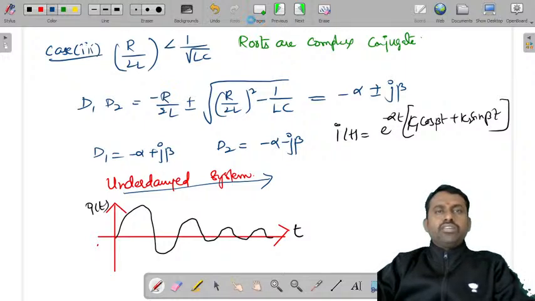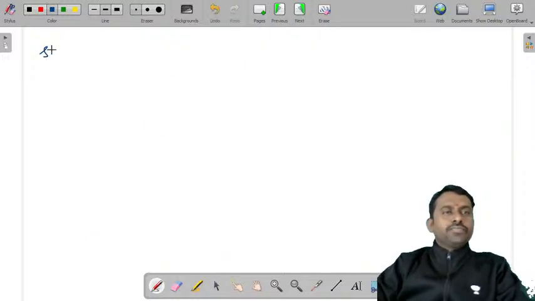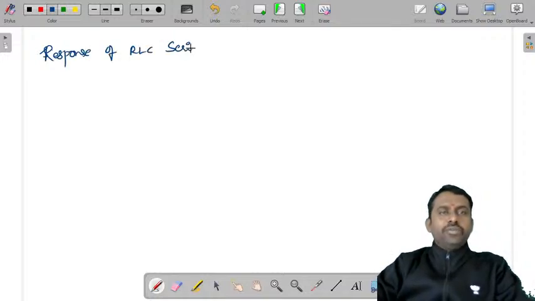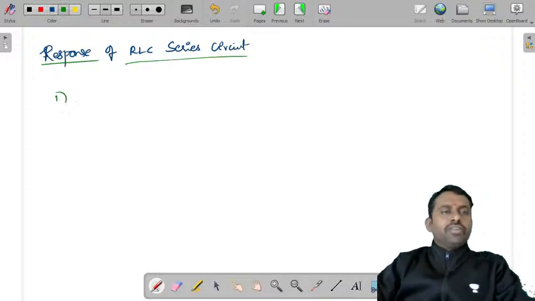So the response of an RLC series circuit has the following three forms.